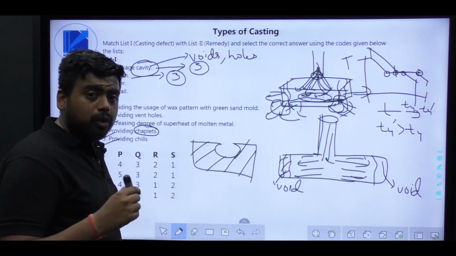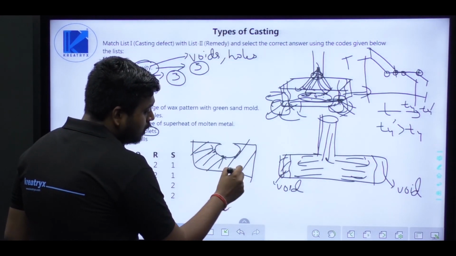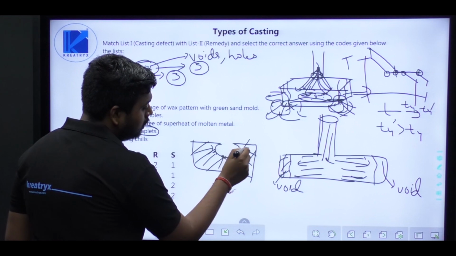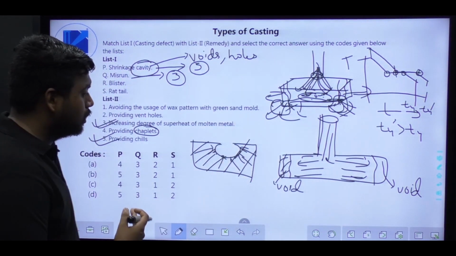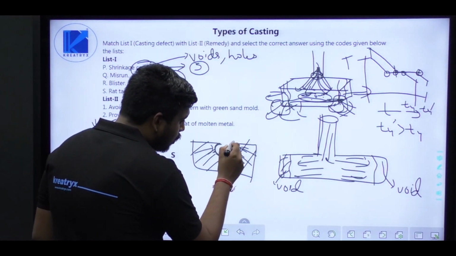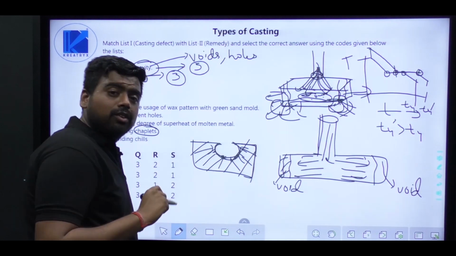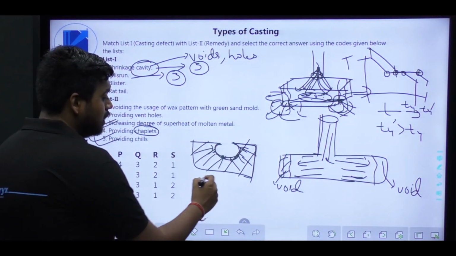If there is no vent hole, the hot air will try to break through the weakest portion of the casting, and while doing so, it creates voids or holes on the surface of the casting, and these voids or holes are termed as scab.